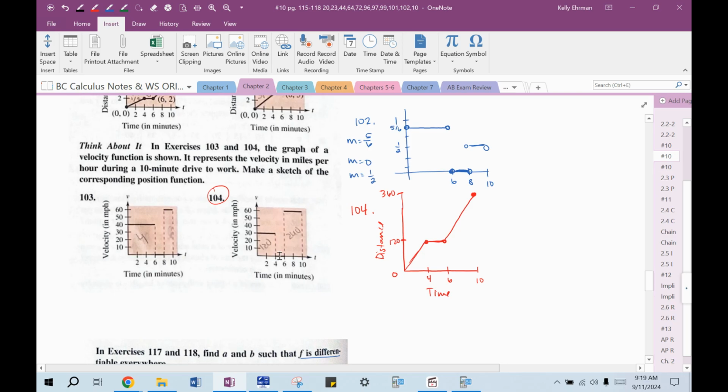And then you're stopped for a while. So no change in position for a little while. And then you gain 240 more miles. This is a huge commute to work. Are these miles? Okay. So I don't know about that 10-minute drive to work. Like that's kind of crazy. But anyway, so then you gain up to 360.